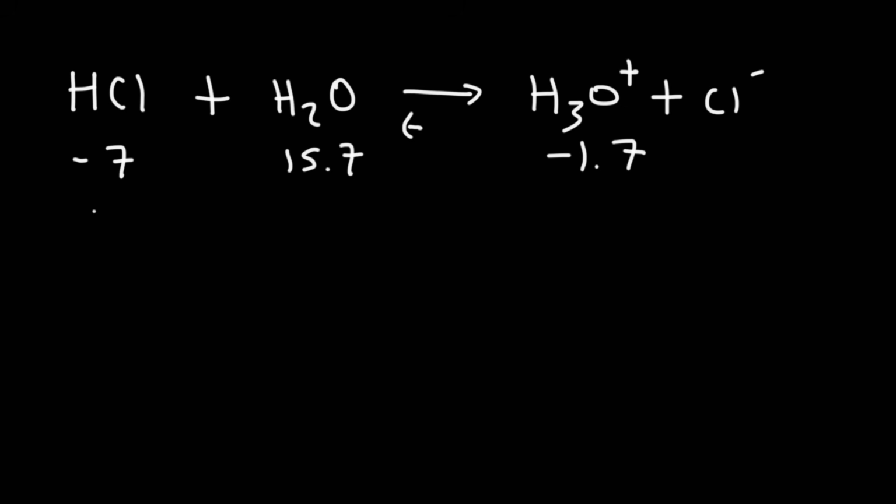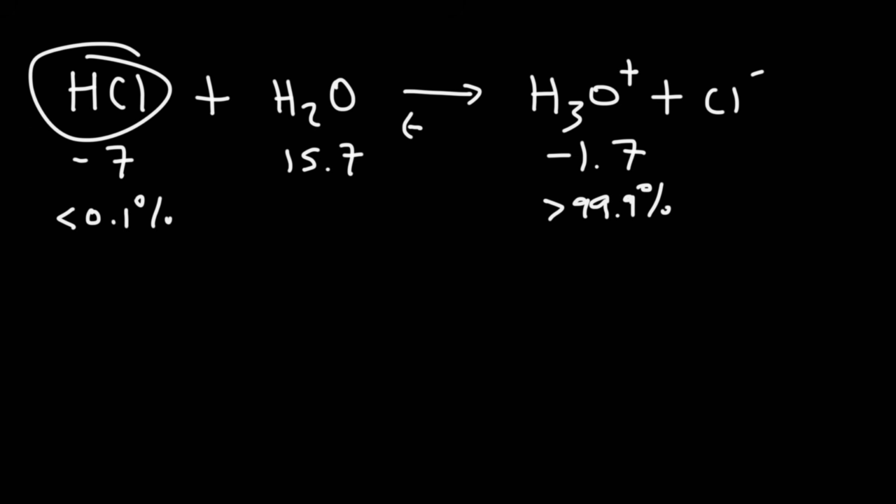What this means is that if we put HCl in water, more than 99.9% is going to end up as H3O+. Less than 0.1% will be in the HCl form. So we can't use HCl as an acid when water is the solvent because it will react with the solvent.